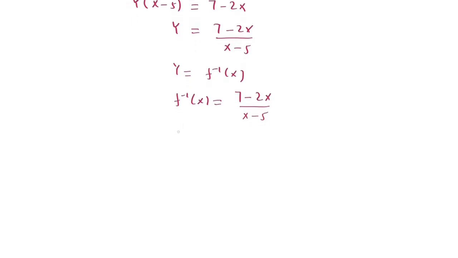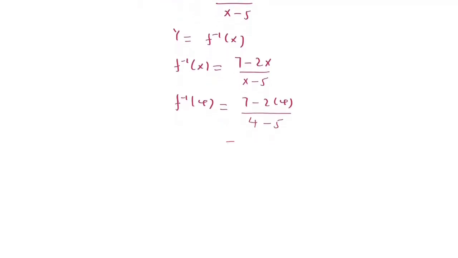Now in order to find the inverse function of 4, we are going to substitute x with 4. Then the inverse function of 4 equals 7 minus 2 times 4 over 4 minus 5, of which after solving the values, we are going to have 1. And this is going to be our answer.